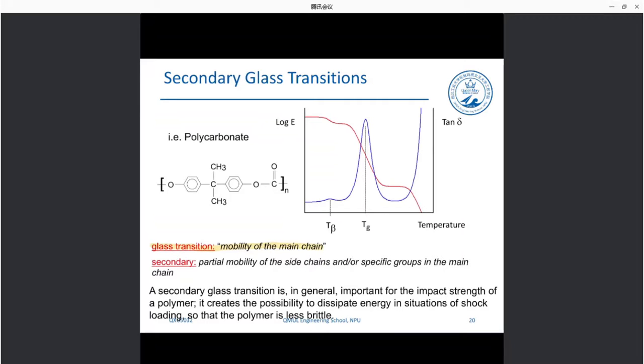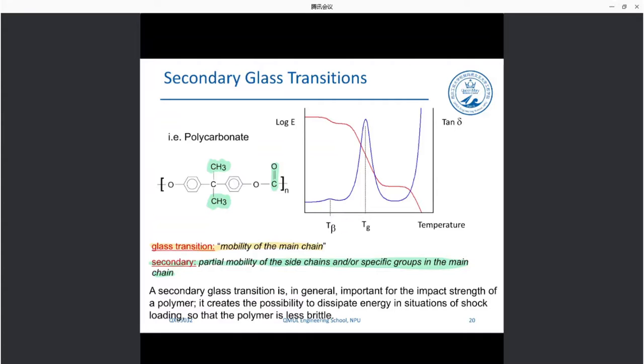That's very straightforward. In the case of the secondary glass transition, we have partial mobility of the side chains or specific groups in the main chain. In the case of polycarbonate, the secondary glass transition has to do with the mobility of these methyl groups or the mobility of this carboxyl group in the main chain, okay?